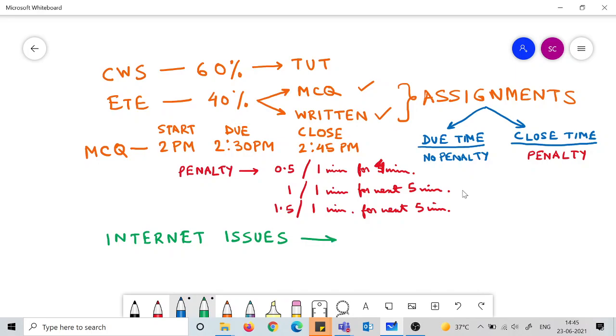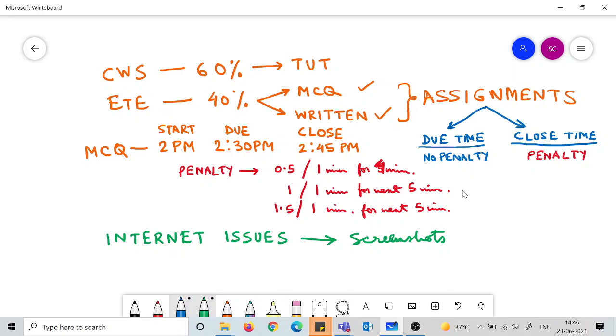For the MCQ, because the MCQ cannot be scanned and uploaded in email, what you have to do for the internet issues you are facing is, while you are solving the MCQ, please take screenshots of your answers and keep them with you.